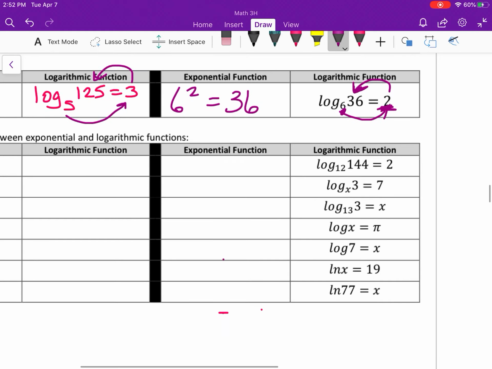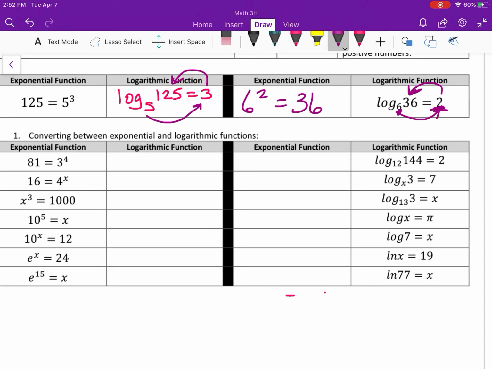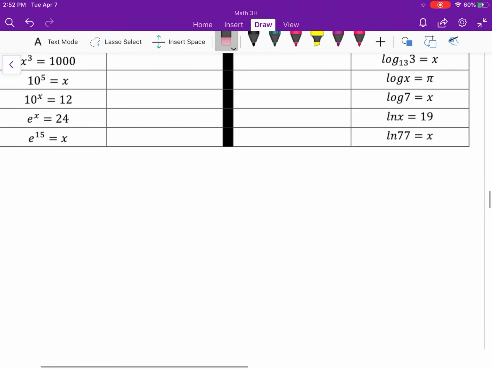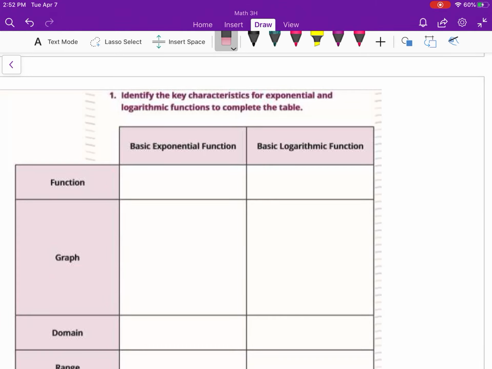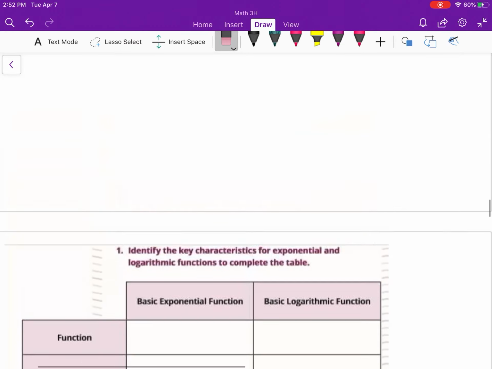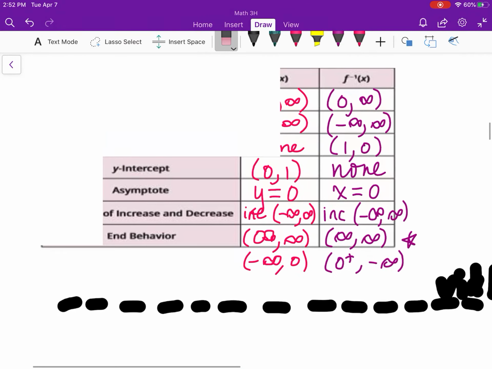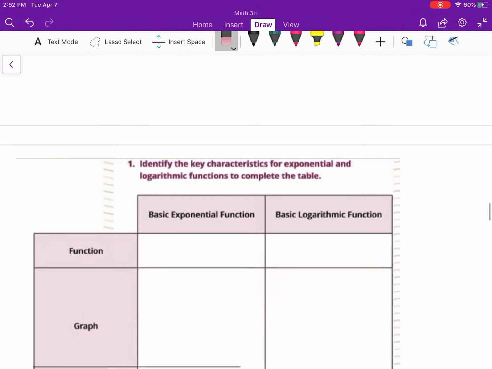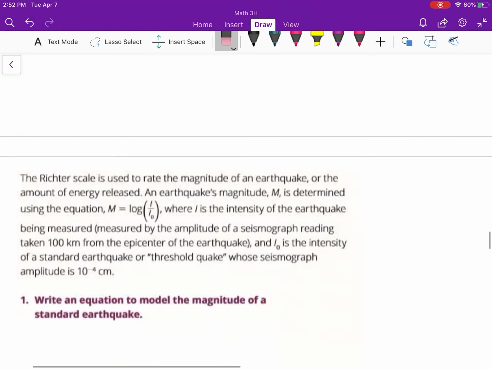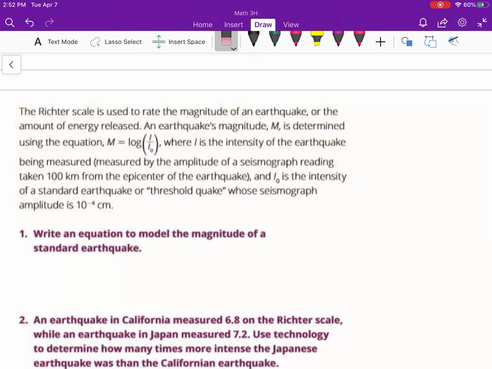So before we get too far ahead in this, I want you guys to fill out this table. This is what I want you to do for today. And make sure you had yesterday's done. If you'd like to also fill out this basic exponent and logarithm key characteristics, I did it for you up above here, but there's nothing wrong with you guys doing it again here. And then I will very quickly show you tomorrow how to do these Richter scale problems because I have a shortcut.